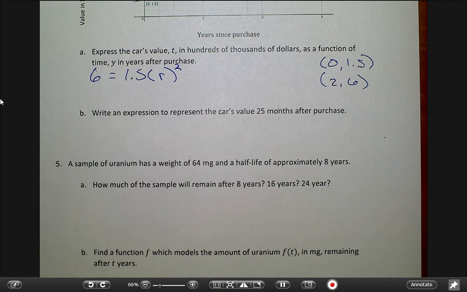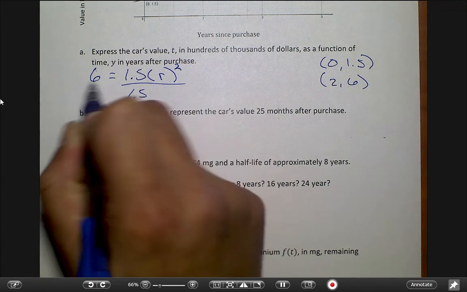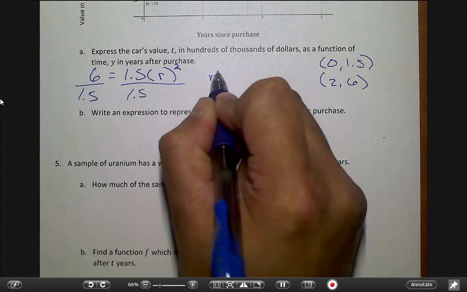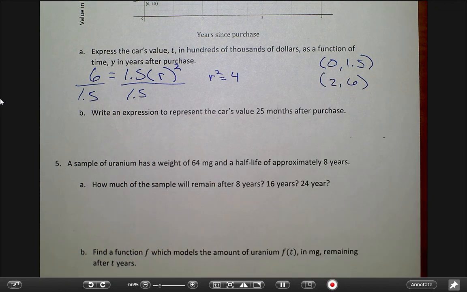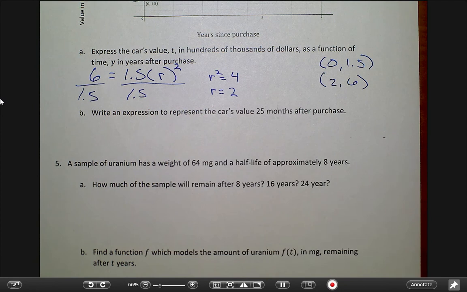All right, to get r by itself, what would I do? Divide by 1.5, so I have to do this first, then I'll square root. So I get r squared is equal to 4. Square root, so r is equal to 2.